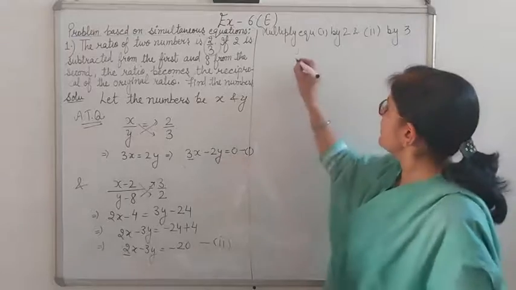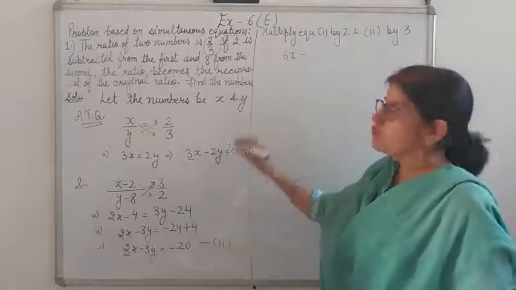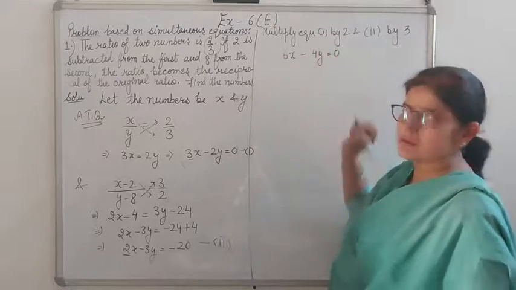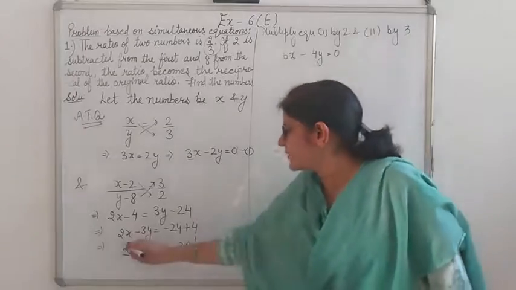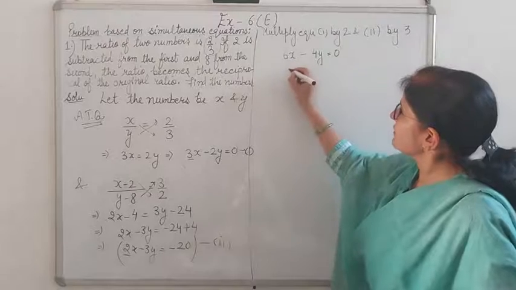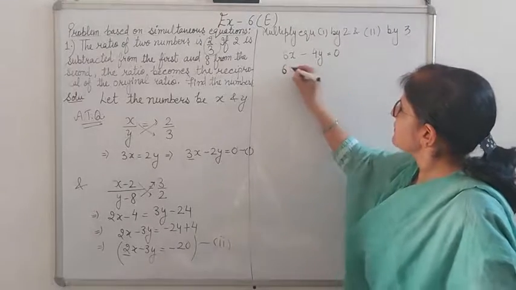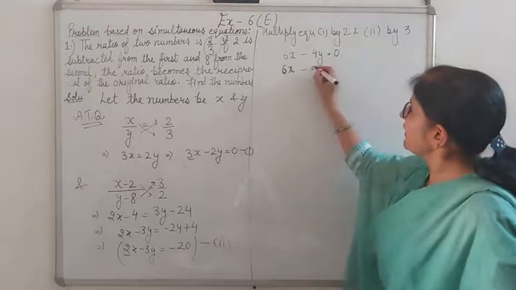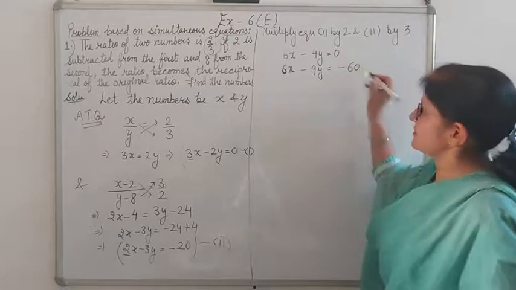So 2 threes are 6x minus 2 twos are 4y is equal to 0. Okay. Second equation, this one you have to multiply by 3. 3 twos are 6x minus 3 threes are 9y and 3 twenties are 60.